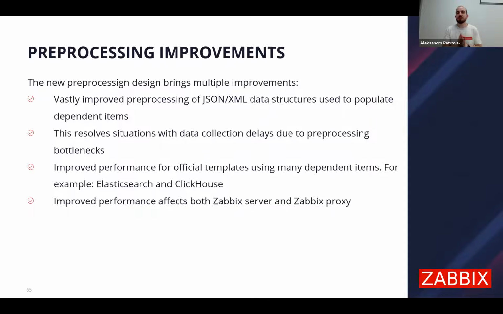And this resolves the situations with data collection delay due to preprocessing bottlenecks, which will definitely be noticed, and it was already noticed by us ourselves on the example of the Elasticsearch and ClickHouse templates. And since both Zabbix server and Zabbix proxy can do the preprocessing, this improved the performance of both.